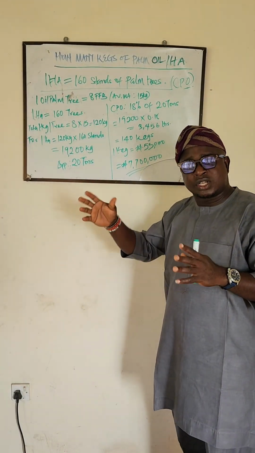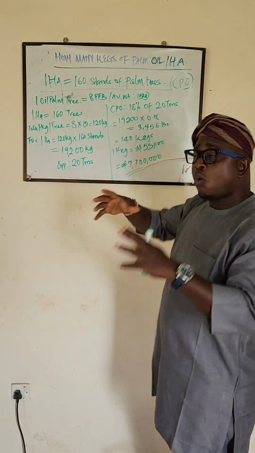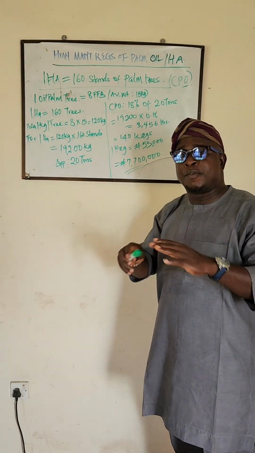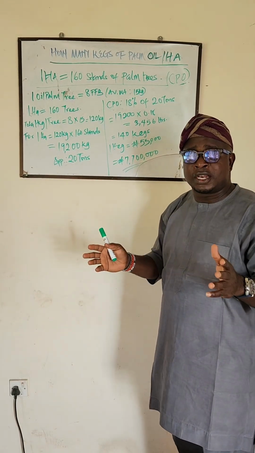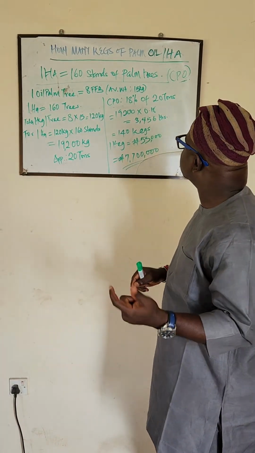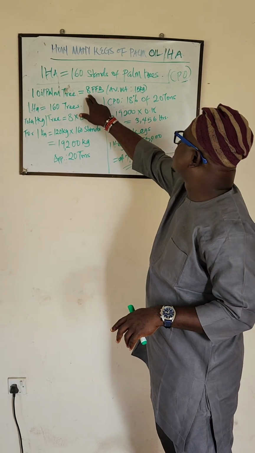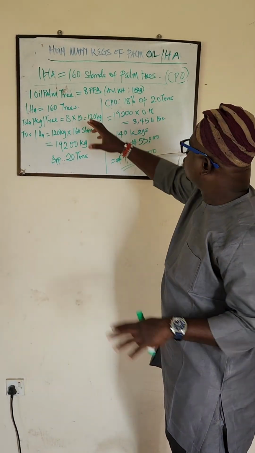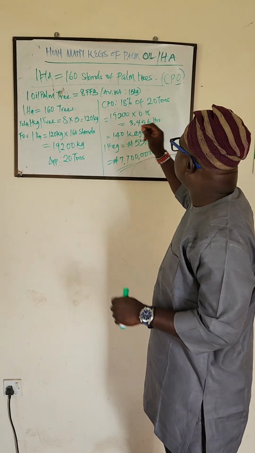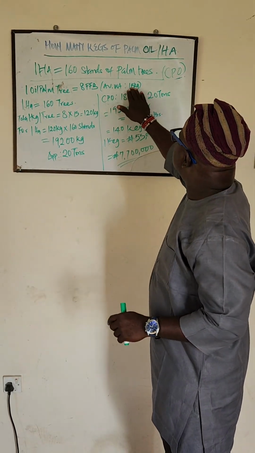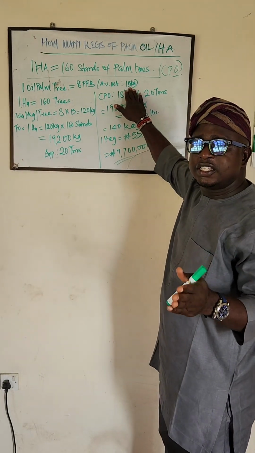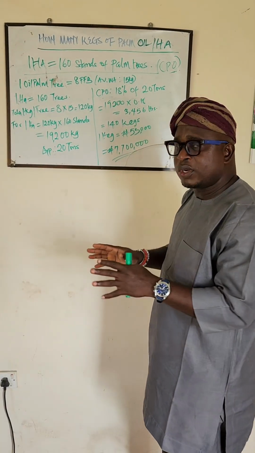On one oil palm tree you can definitely have about 13, 14, 15 bunches, depending on your management. But let us even put it at 8 FFB yearly, with an average weight of 15 kg. I'm just being conservative, the lowest.